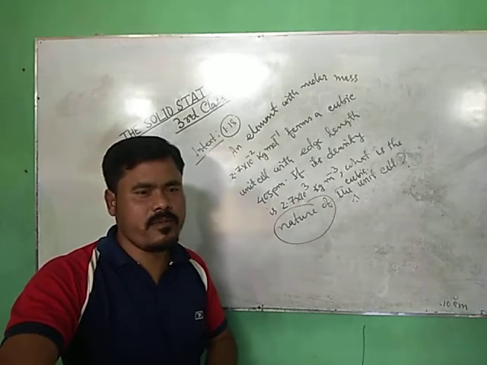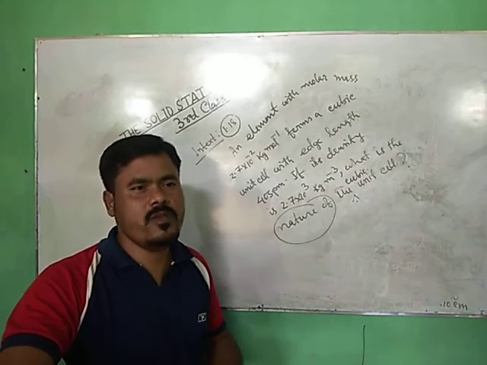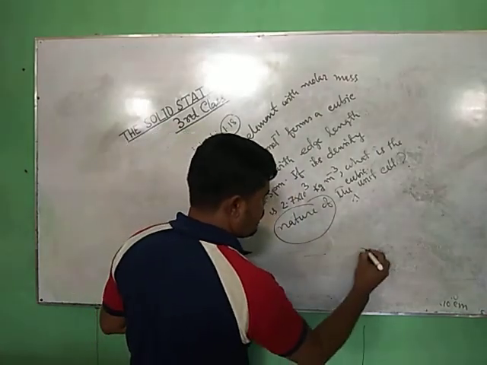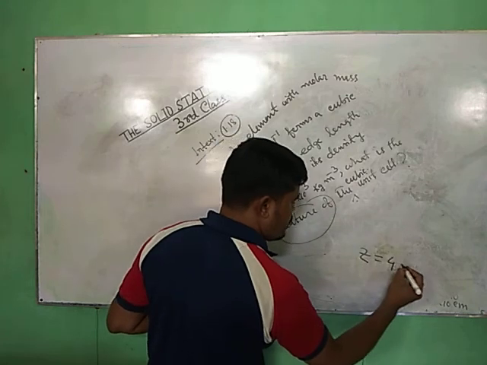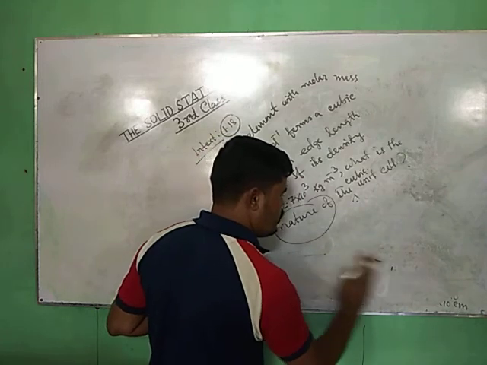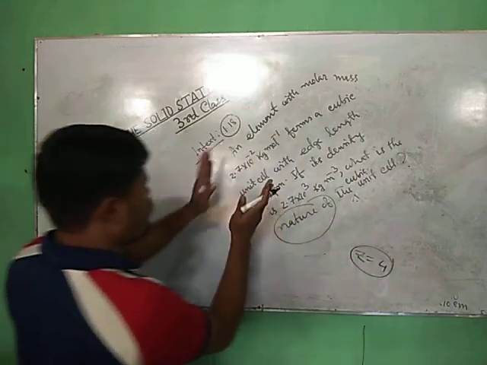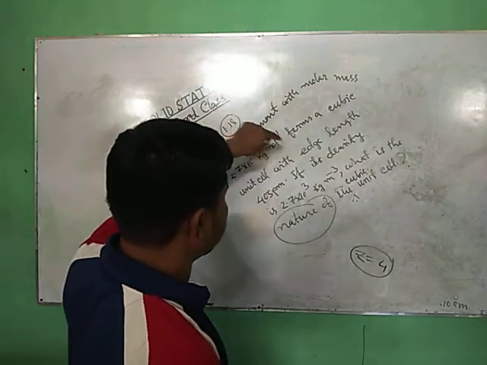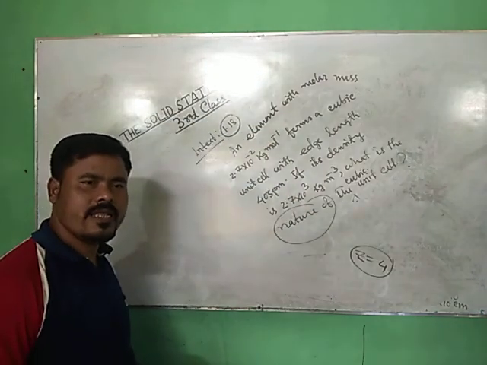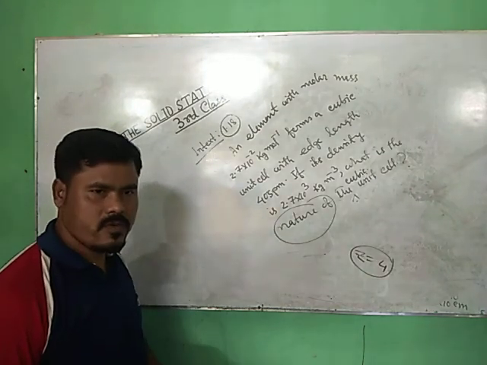If Z is 4, it will be FCC. In this numerical, Z is approximately equal to 4, so the solid has a face-centered cubic lattice.